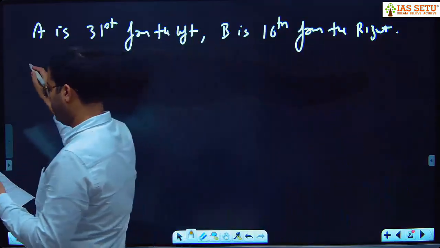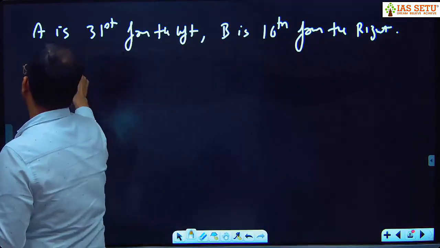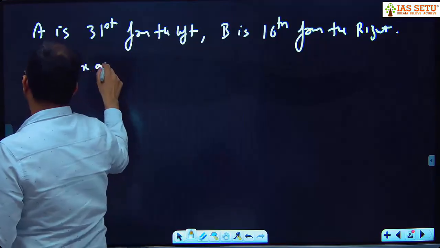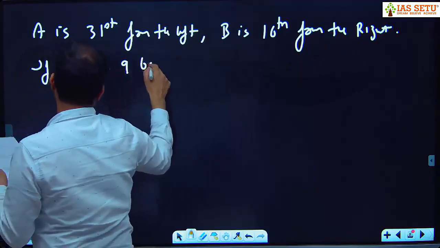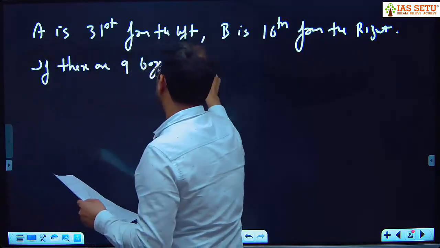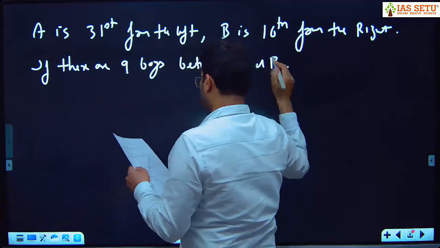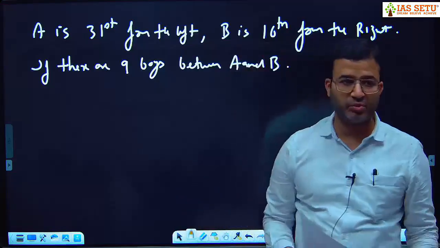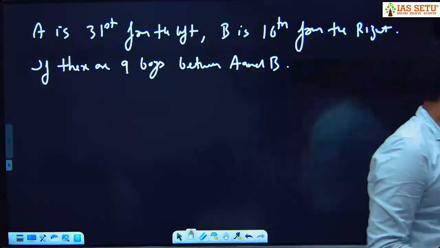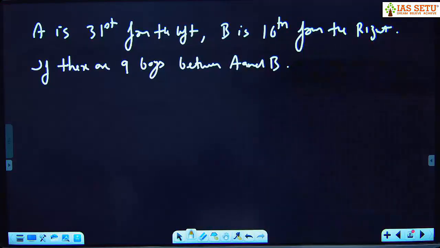If there are 9 boys between A and B, find maximum number of boys and find minimum number of boys. Maximum minus 2 in bracket common plus 1. That is the shortcut for that.